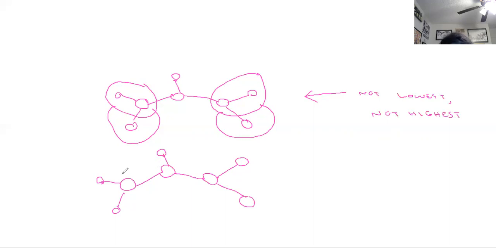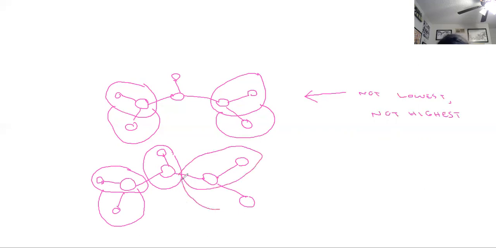It's going to have 2 vertical nodes. So it looks something like this. All right, so this one has highest energy because it has 2 vertical nodes.